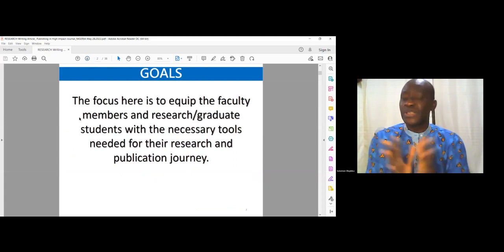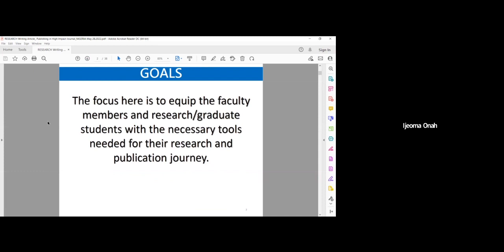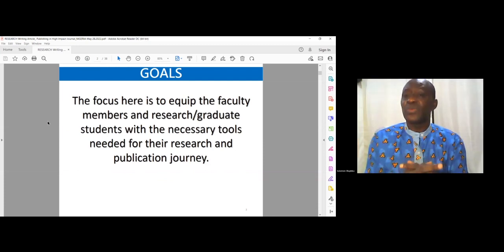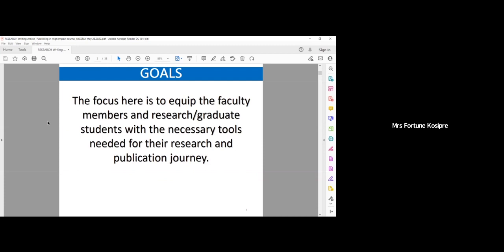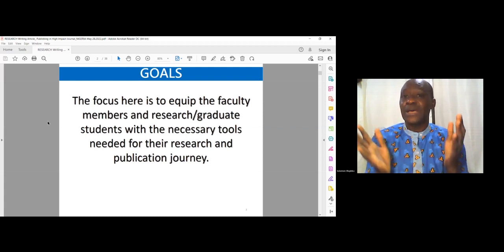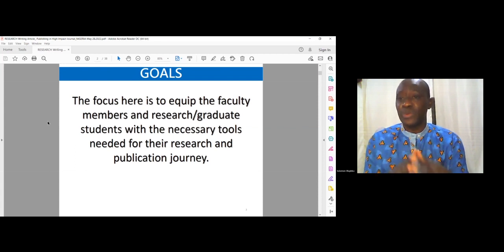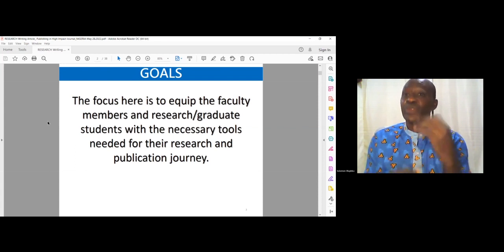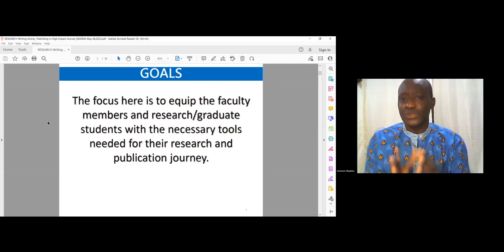The purpose of this is to make us very sound in research, especially if you are students, graduates, undergraduates, whoever. The journey is all about publication at the end, which is why publication is very important. I am very much aware that we all need publication, but before the publication, what do we need to do?